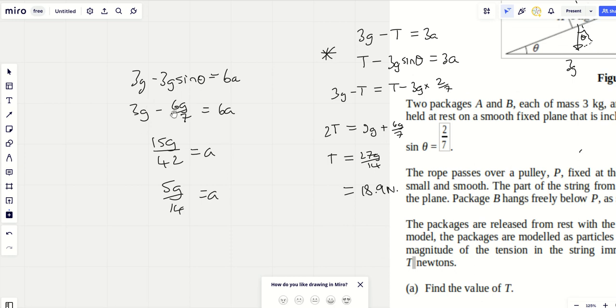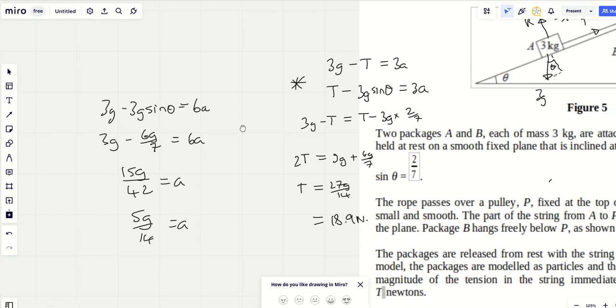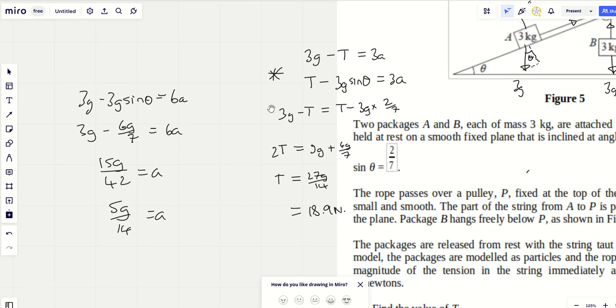6g over 7, 3g minus 6g over 7, 21g over 7 minus 6g over 7 is 15g over 7. That looks all right to me. Have I just written down my equation incorrectly then? Let's just have a look. What a mess. I'm just doing it on my calculator now to check that my arithmetic is right. Rather embarrassing.